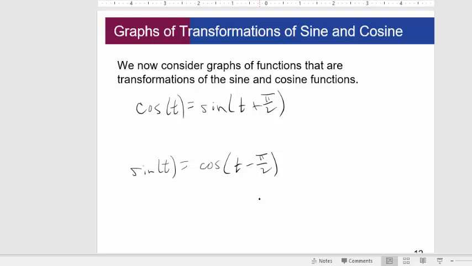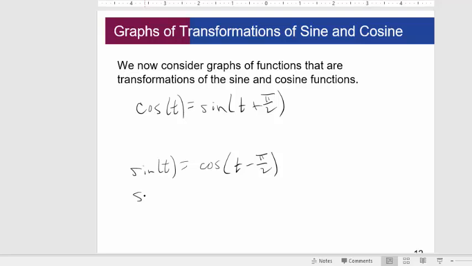And from this relationship, we can actually get a cofunction identity, the thing that we had called the cofunction identity when we did right triangle trig. If we remember that cosine is an even function, that means the cosine of t is equal to the cosine of negative t.